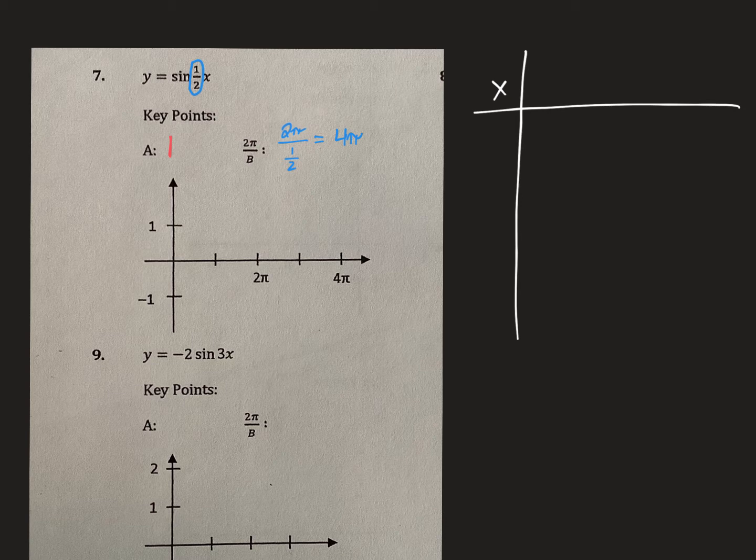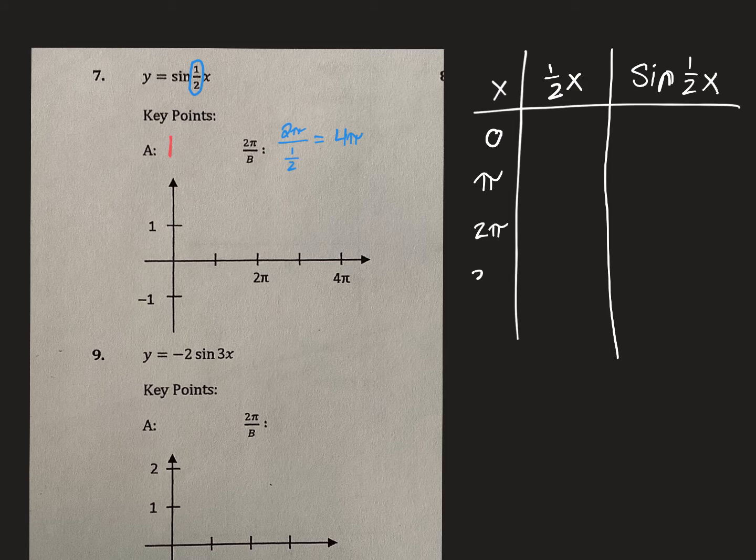So I'm going to have a column for x, a column for 1/2 x, and then sine of 1/2 x. Why is my pencil so glitchy? So, again, we're plugging in 0, pi, 2 pi, 3 pi, and 4 pi.